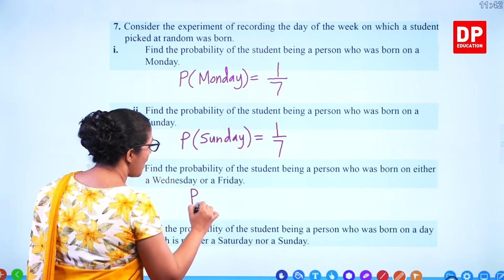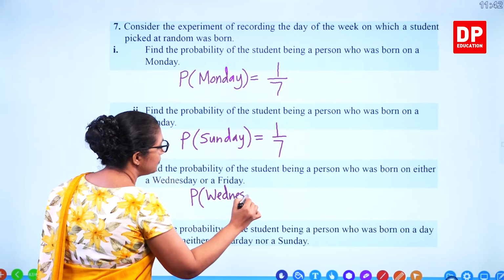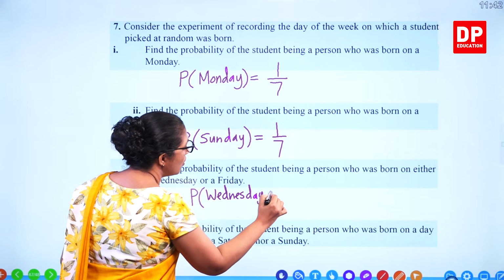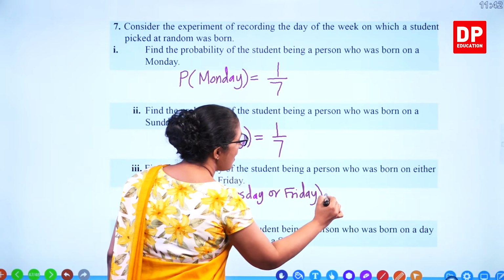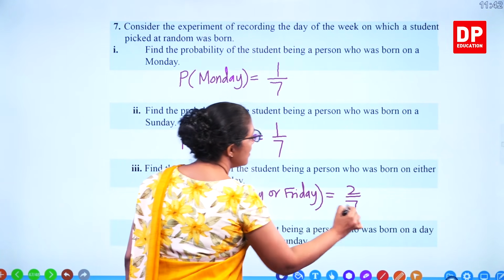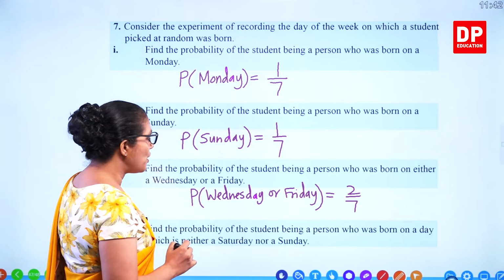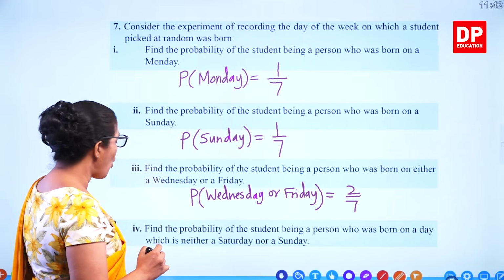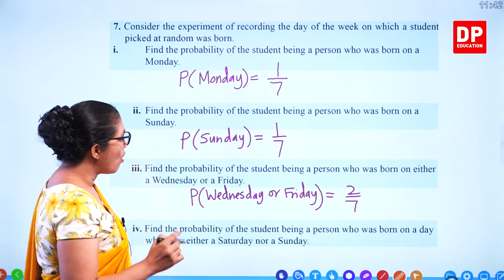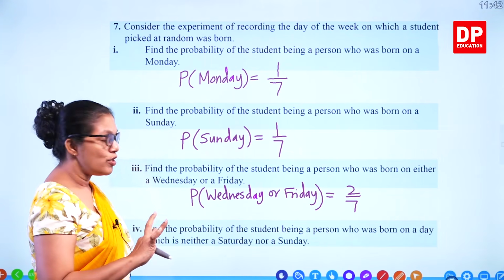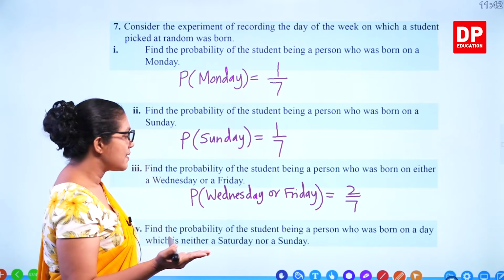Find the probability of the student being a person who was born on either a Wednesday or a Friday. So there are 2 possibilities now. Wednesday or Friday. So 2 possibilities are there out of 7. Find the probability of the student being a person who was born on a day which is neither a Saturday nor a Sunday. So when you take out these 2, how many days are there?